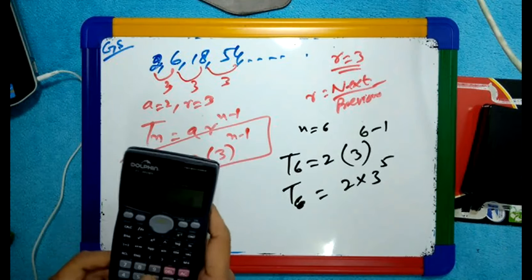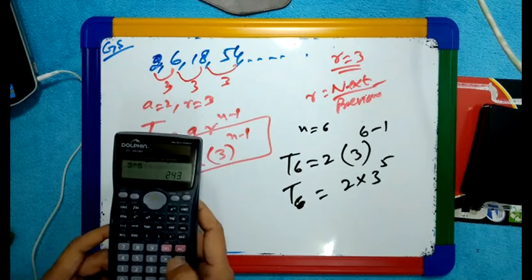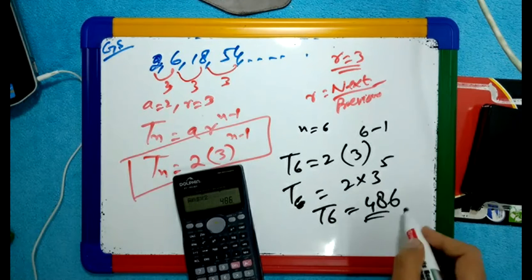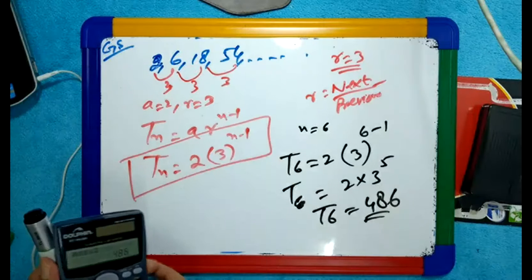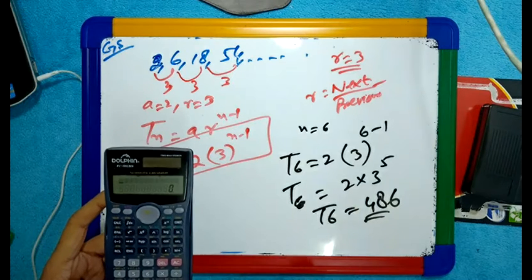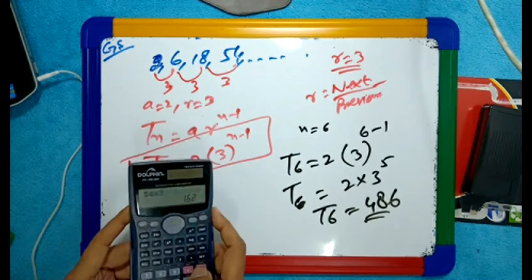T6 is 486, right? Let's recheck. This is the fourth term, 54. If I multiply 54 by 3, I'm getting 162.